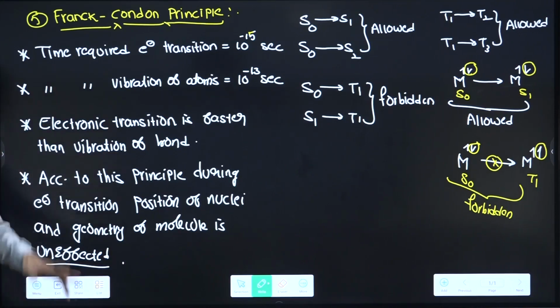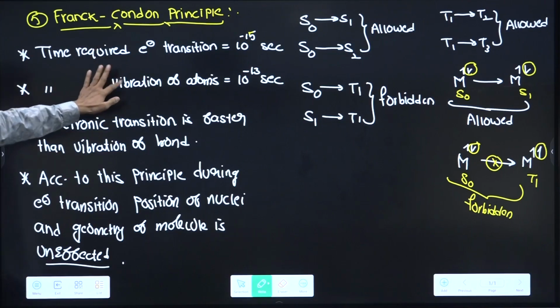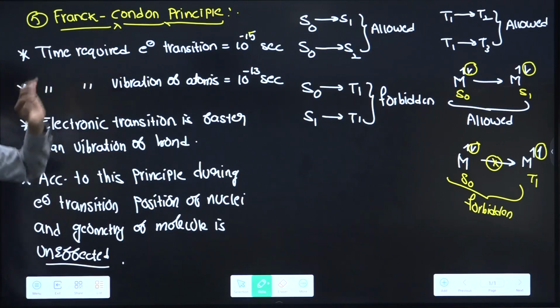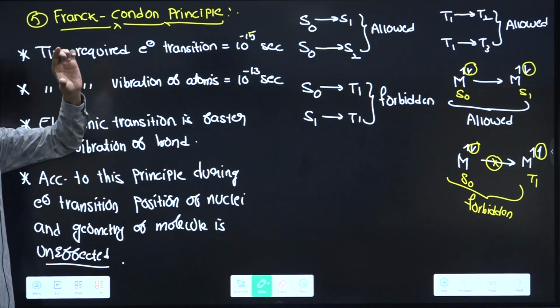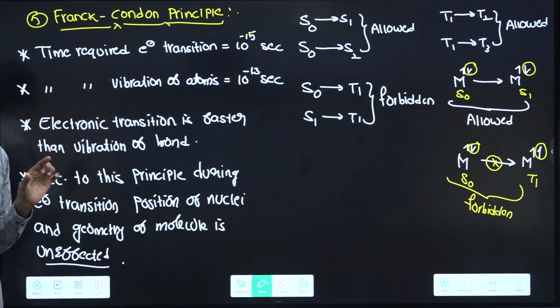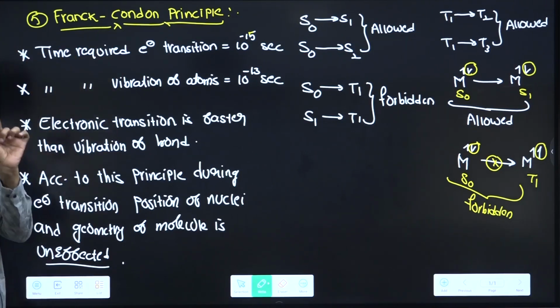So nuclear position never changes, geometry is unaffected. That is called the Franck-Condon principle, a simple principle. This principle is saying that when electronic transition takes place, there is no effect on nuclei, nuclear position never shifts, and geometry is not affected.